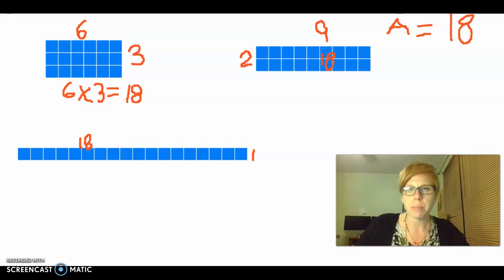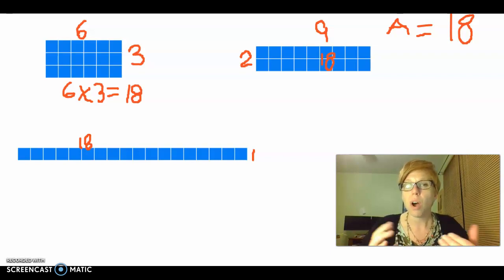So these three shapes, they all have the area of 18, but they have different dimensions. All right? So I just want you to remember that not all shapes are the same size, but they could have the same area.